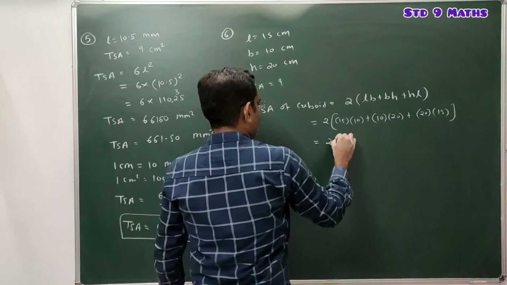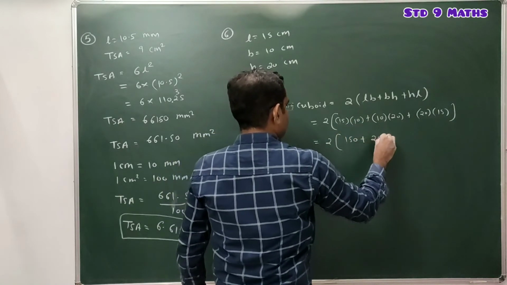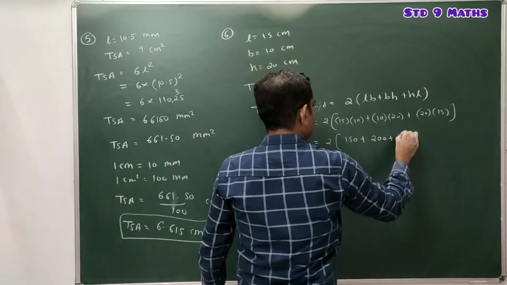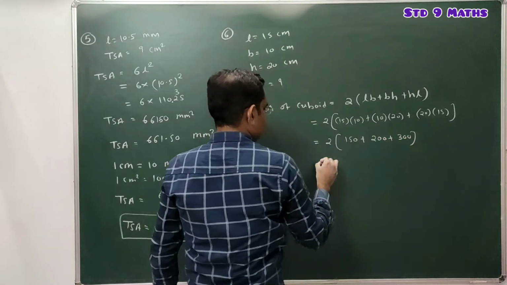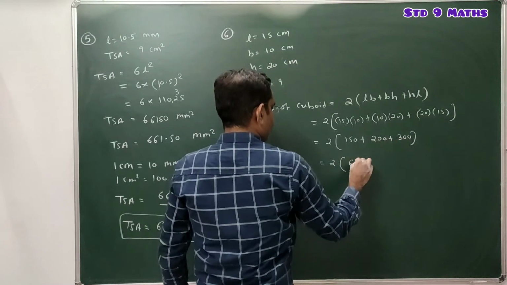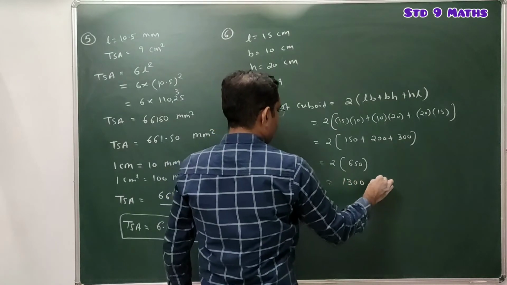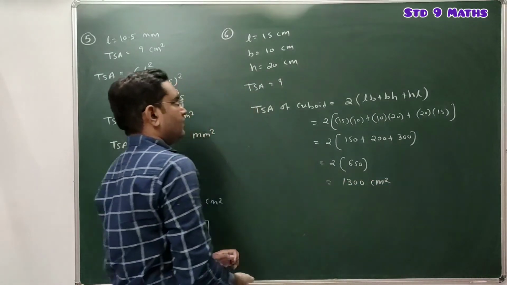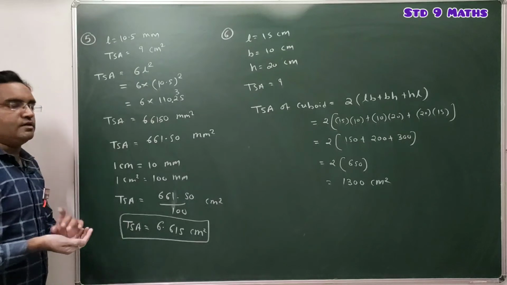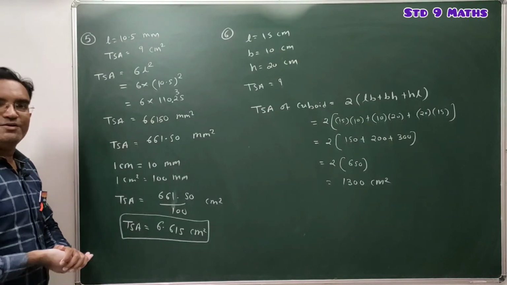This is equal to 2 into 150 plus 200 plus 300. This is equal to twice of 500, 650. 650 into 2 is equal to 1300 centimeter square, the total surface area of the cuboid. Pause the video and note it down.